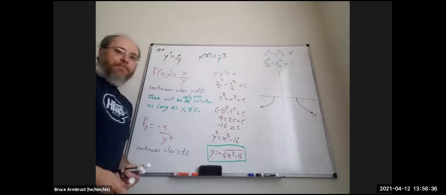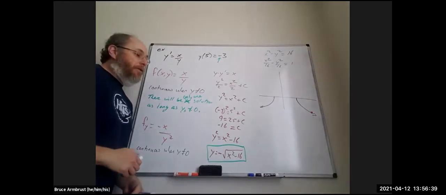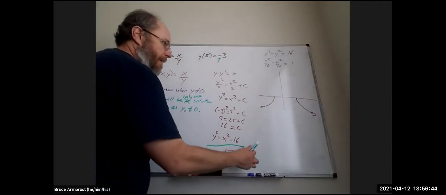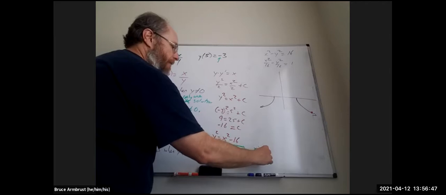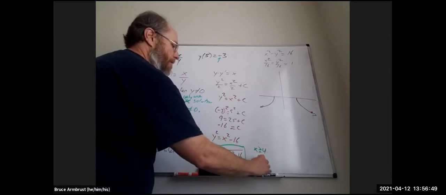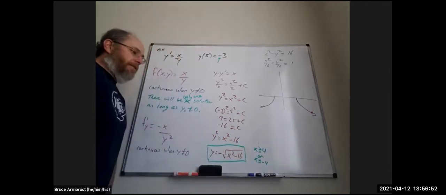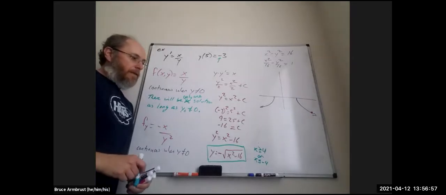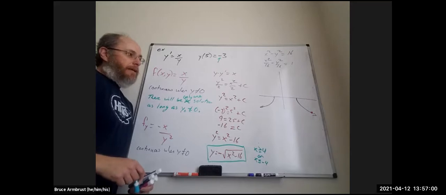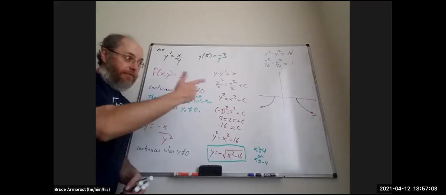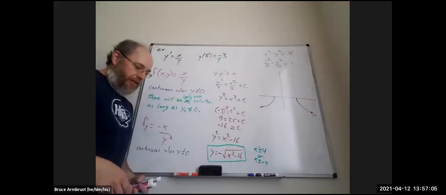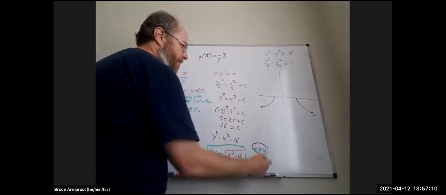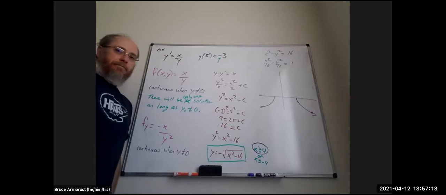So there you go. Now, the other thing I want to point out is look at the domain on this. The domain says x is greater than or equal to 4, or x is less than or equal to -4. And for our specific one, because of that initial condition, we're actually in the greater than or equal to 4 business.